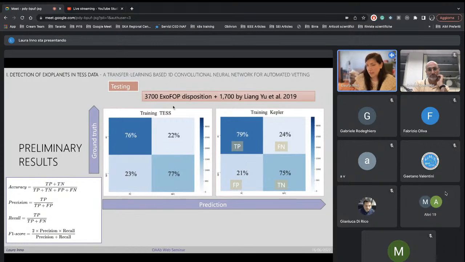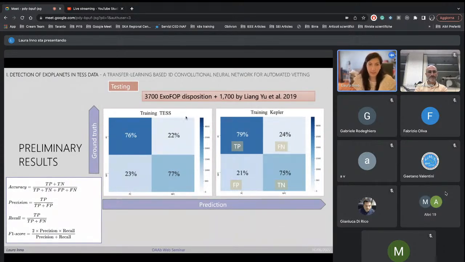In our case, we decided to use the TOI dispositions, the ones on the website maintained by the TESS collaboration, which include all the dispositions found for the TESS data, plus 10% of the data sample that we took from the Liang Yu paper.